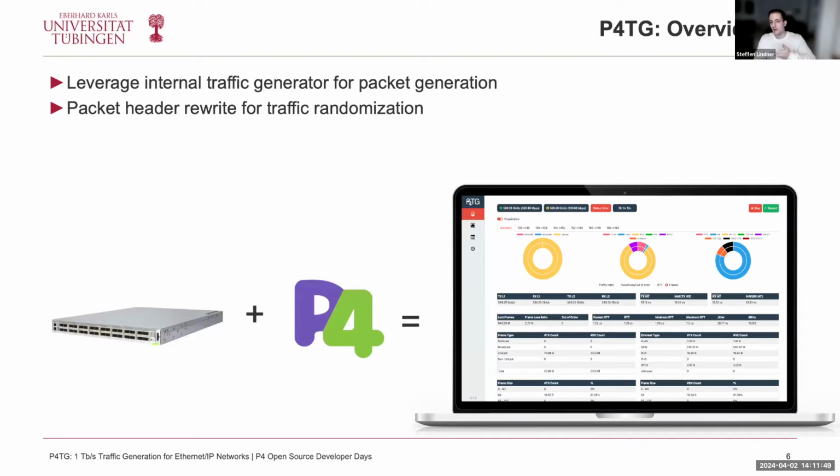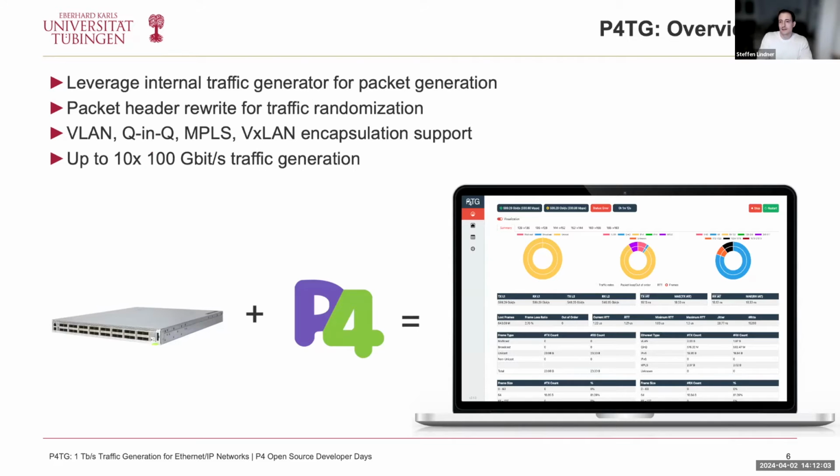So for example, we rewrite the Ethernet headers, we can randomize the IP header, change the VLAN tag, and so on. P4TG supports various encapsulation protocols like VLAN, QinQ, MPLS, or VXLAN, and P4TG is able to generate up to 10 times 100 gigabit per second traffic on 10 ports, so in total 1 terabit per second.